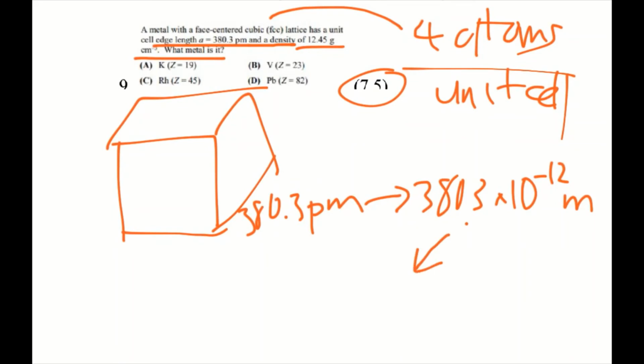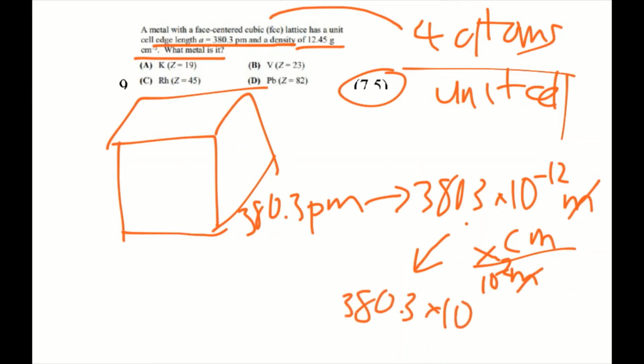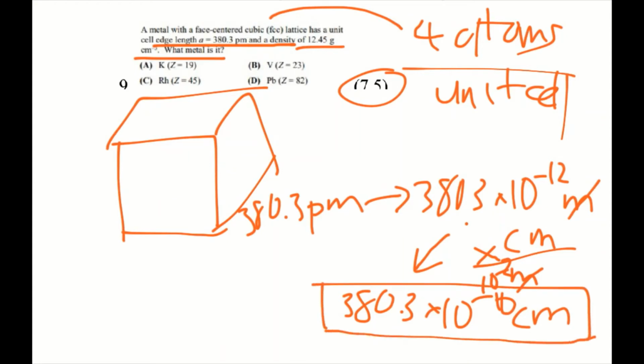To convert it into centimeters, we know that 10 to the negative 2 meters is in 1 centimeter. When you multiply this conversion factor, you get 380.3 times 10 to the negative 10 centimeters. This is very important because it will allow us to use density, since density involves centimeters cubed.